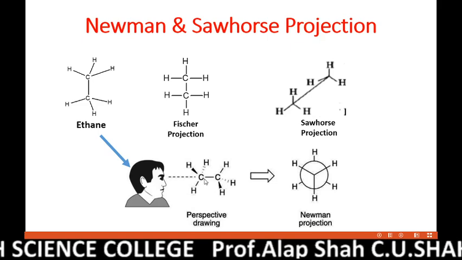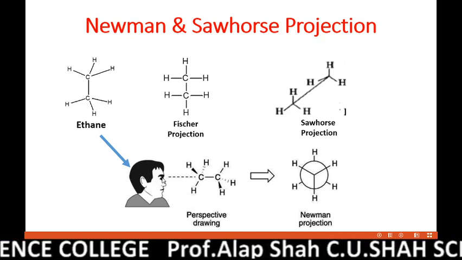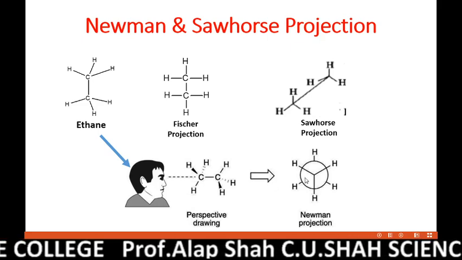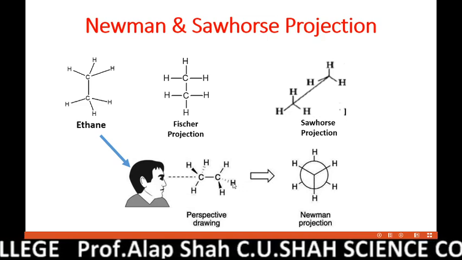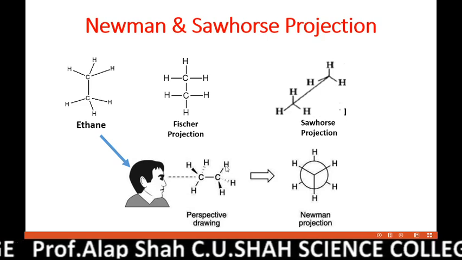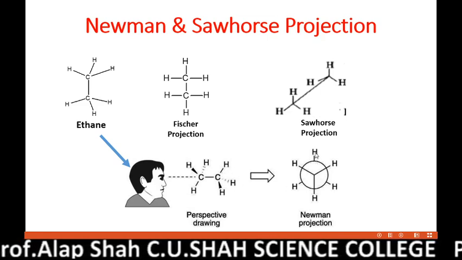Now the front carbon is actually hiding the rear carbon, because we are viewing from this side, so we may not see the rear carbon. Underneath the center there is a rear carbon, and the three bonds attached to the rear carbon are written from the periphery of the circle.